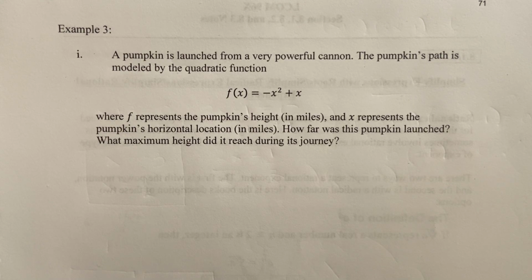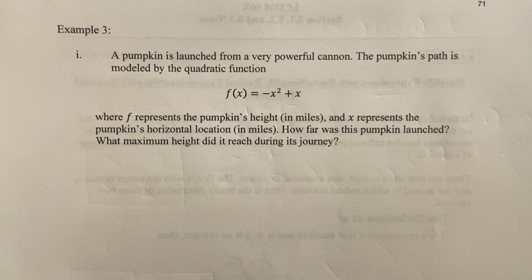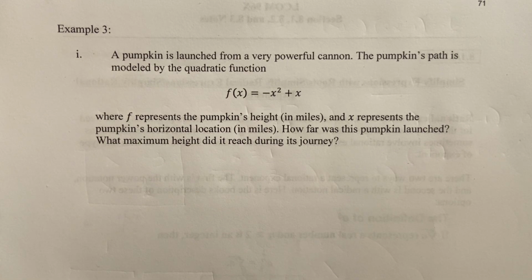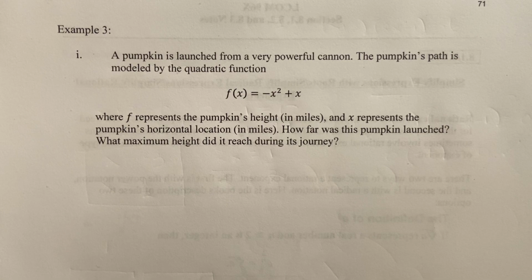The pumpkin's path is modeled by the quadratic function f equals negative x squared plus x, where f represents the pumpkin's height in miles and x represents the pumpkin's horizontal location in miles. How far was this pumpkin launched? What maximum height did it reach during its journey?